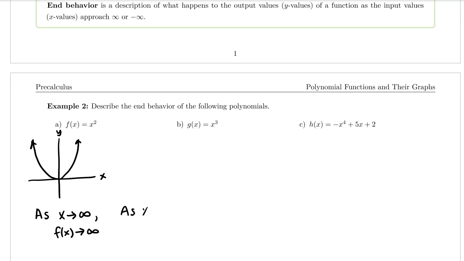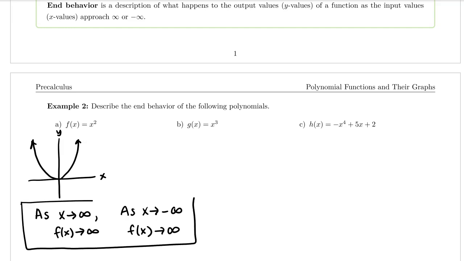Now, as x approaches negative infinity, so if I were to plug in something like negative 100 or negative 1000, because I'm squaring it, the output value is going to end up being positive. So f of x also approaches positive infinity, even though we're plugging in negative numbers that are very large. So these here represent our end behavior for the function f of x equals x squared.